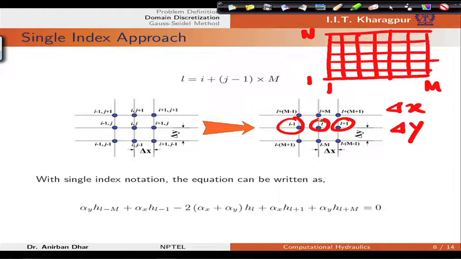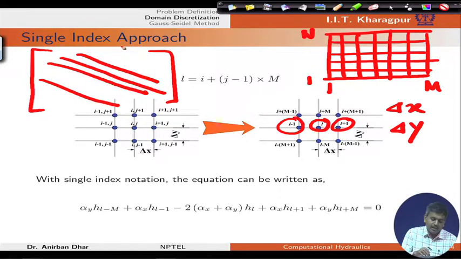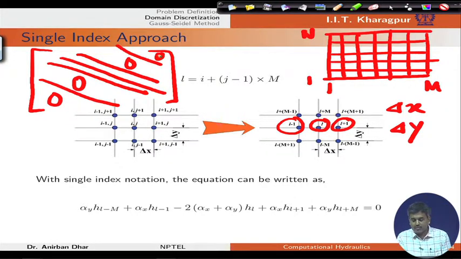So, we can again generate our coefficient matrix, and the coefficient matrix will have a pentadiagonal structure, because we have L, L minus 1, L plus 1, L minus m and L plus m. In between, zero terms will be there. With this pentadiagonal structure, we can solve this problem.